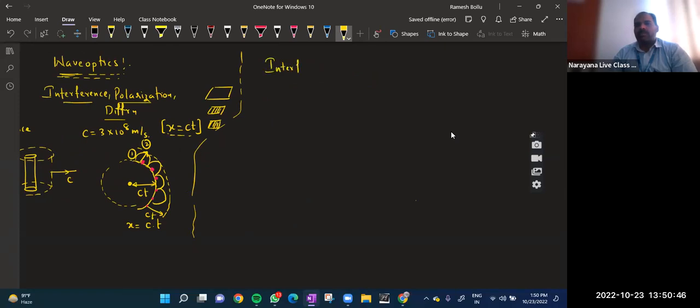What is that, students? Interference of light. As an ordinary human being, kindly answer. Here one source of light is there. Here one source of light is there. And one wall or one screen is kept here. What do you expect on the wall or screen?